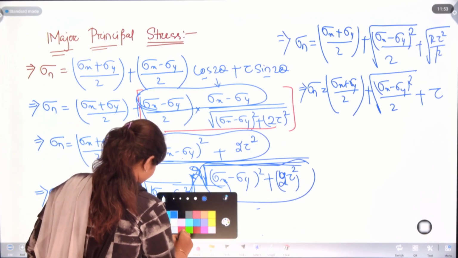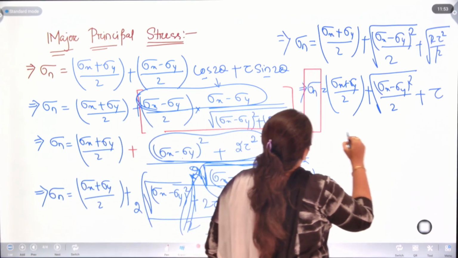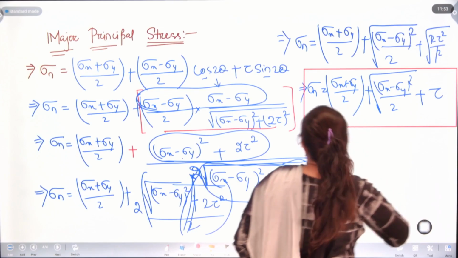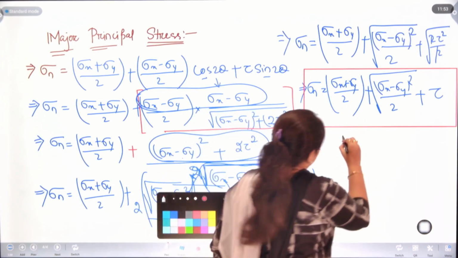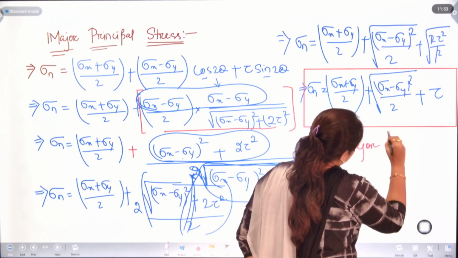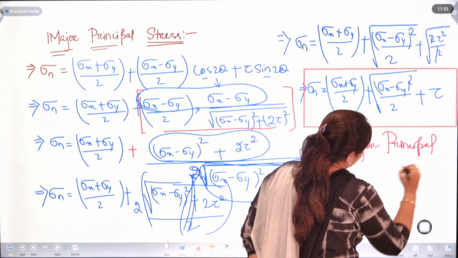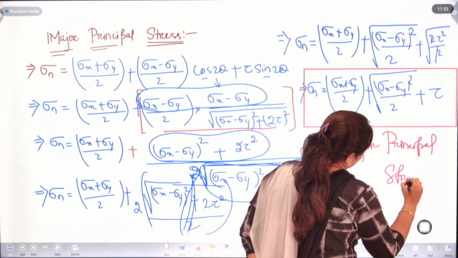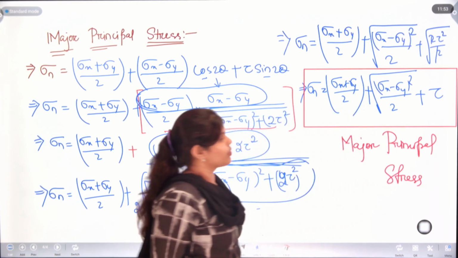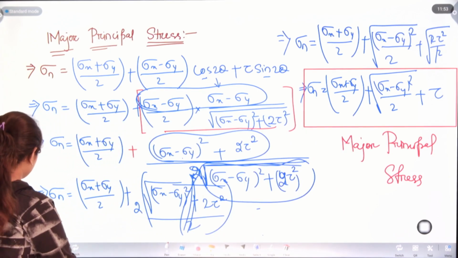So, we have the formula for major principal stress. Next, we will find out minor principal stress.